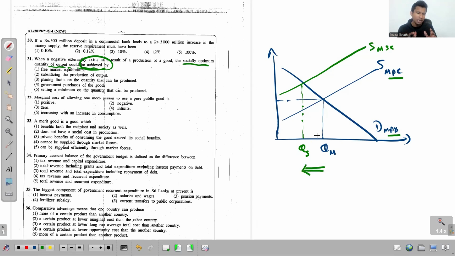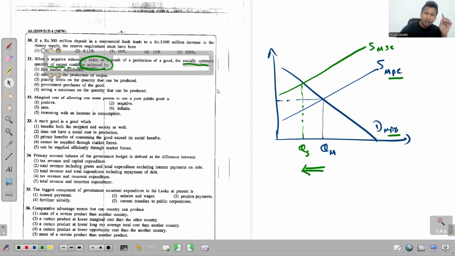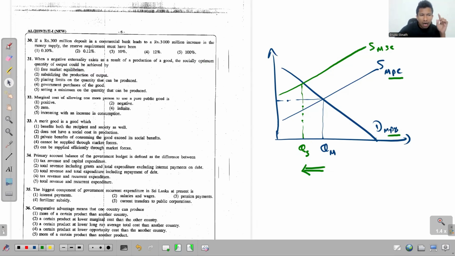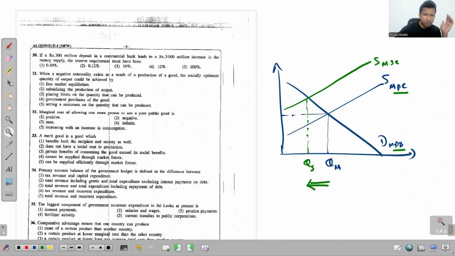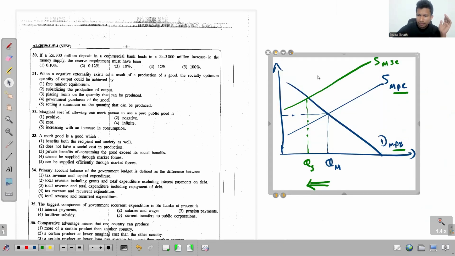When the government reduces the market quantity, somehow the market quantity reaches the socially optimum quantity. From which one of the following options the market quantity will decrease, the production will decrease. And then following option, right? Look at this one. So let me show you this properly.